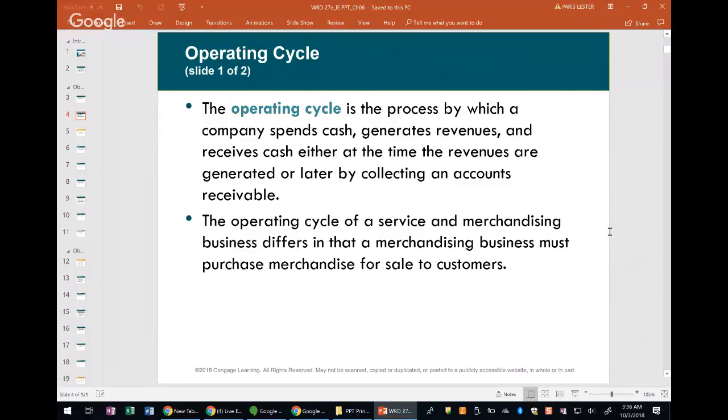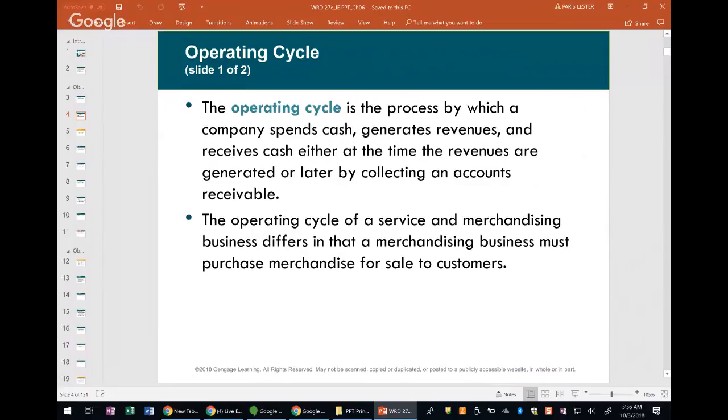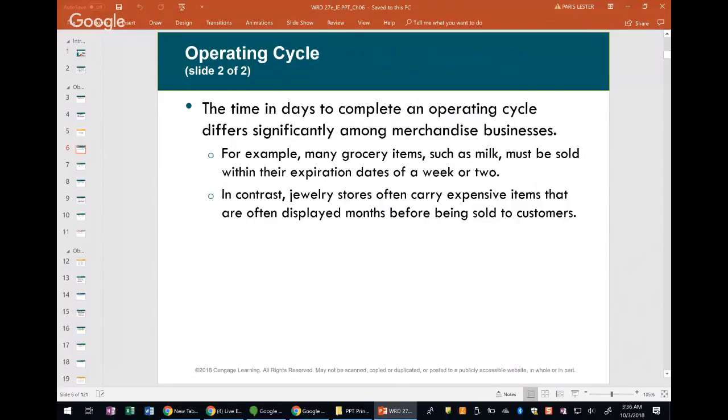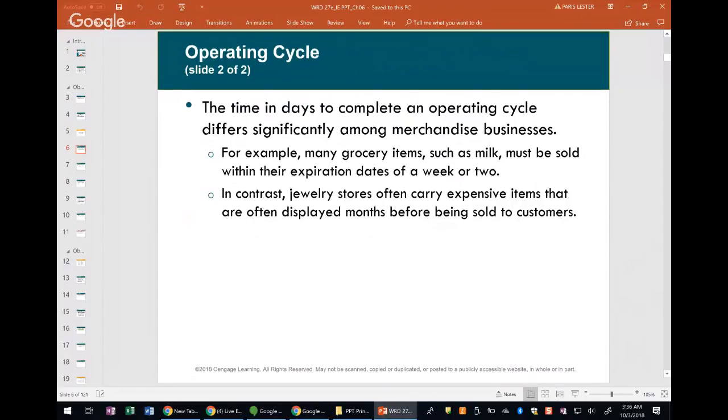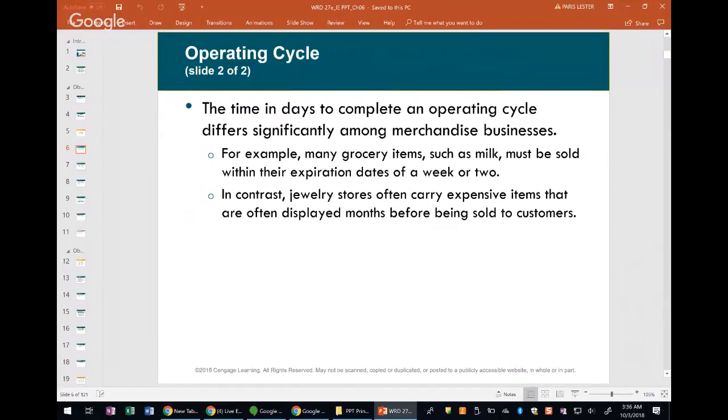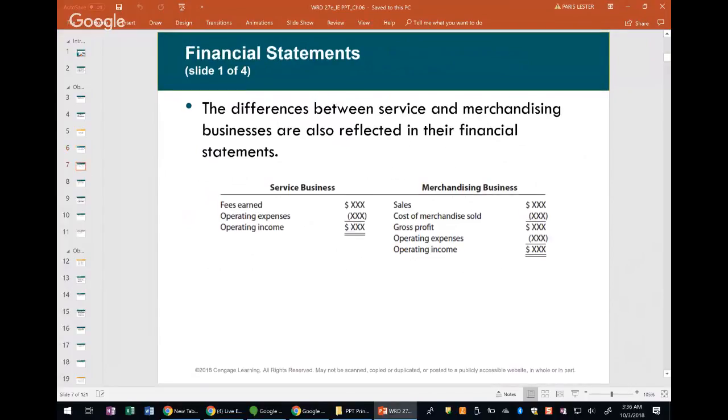Accounting cycle is usually a month or 30 days operating cycle. Some of these cycles in the store has to be sold. So here's the difference basically between service and merchandise. As I told you, sales minus cost of goods sold gives you gross profit, minus expenses gives you income.